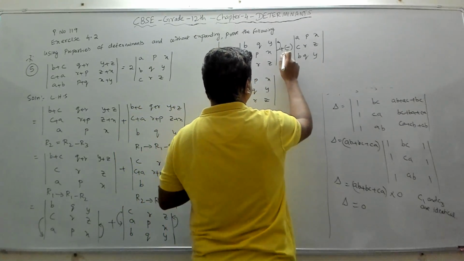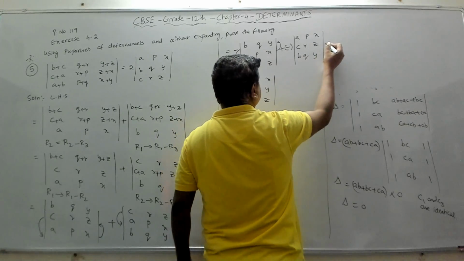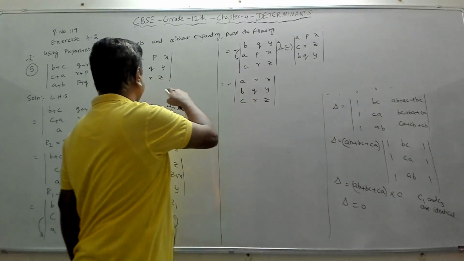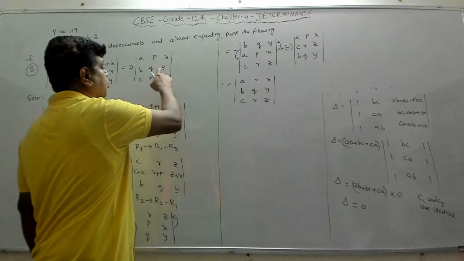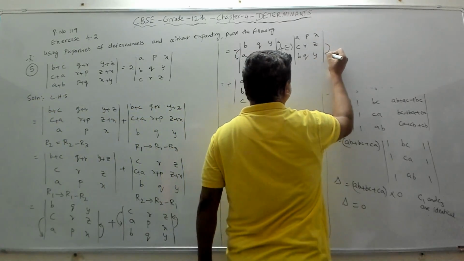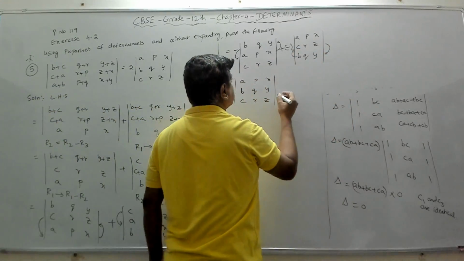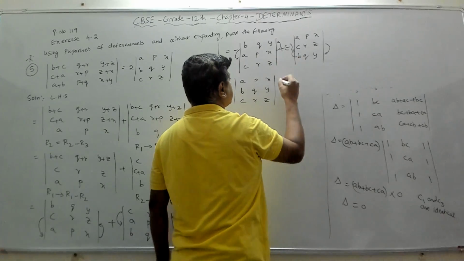Again we shift, our CRZ should be the last row and BQY should be the second row. So you shift this here and this there. So again one minus will come, that will make this minus a plus.